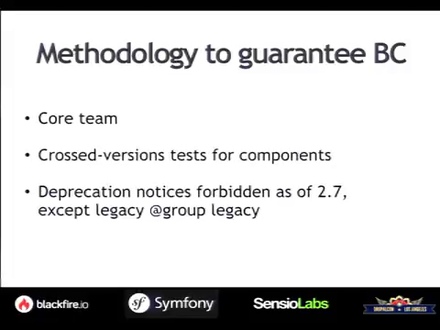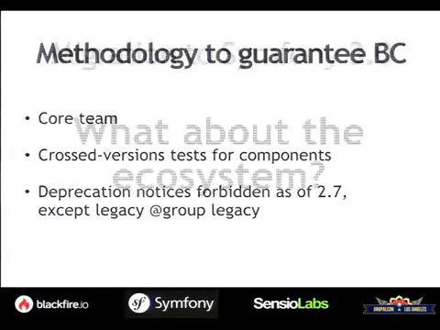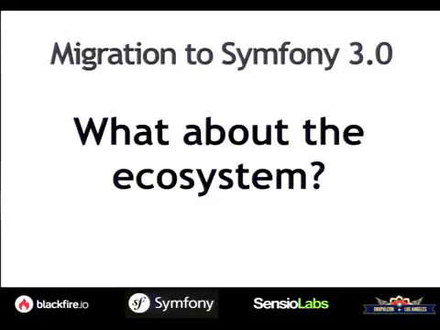So we have a lot of tools and methodology to make sure that we actually have backward compatibility between all the versions. Okay, so it was the first step. It's done now with Symfony 2.7.